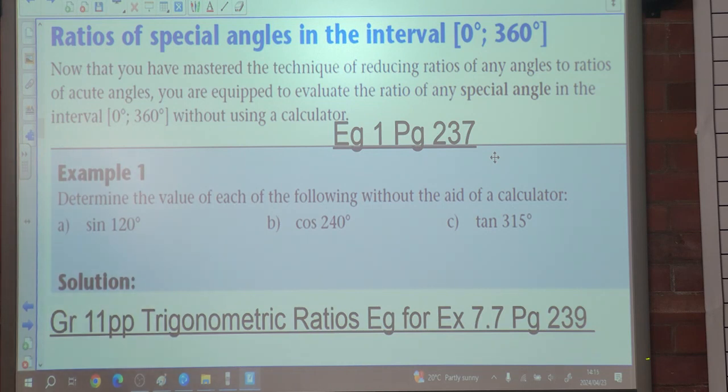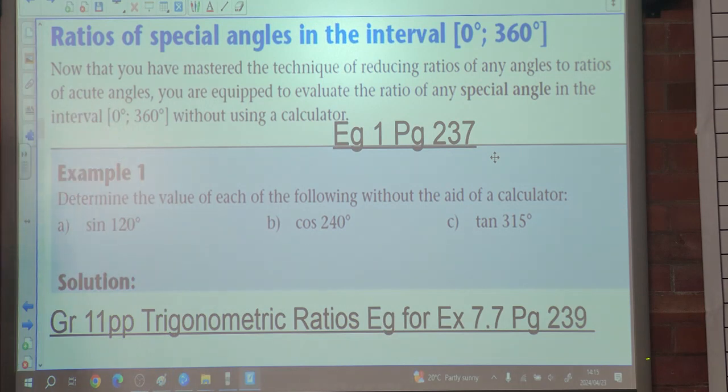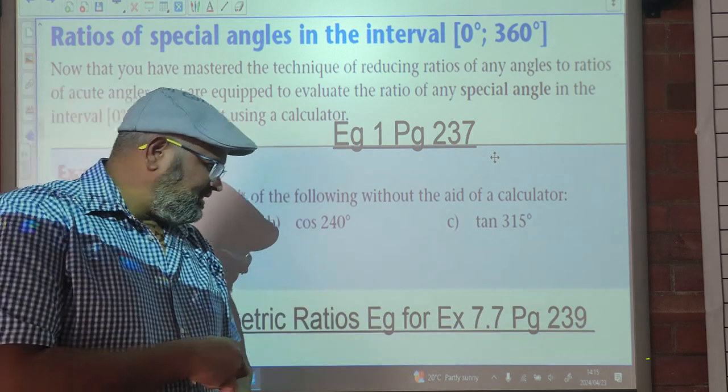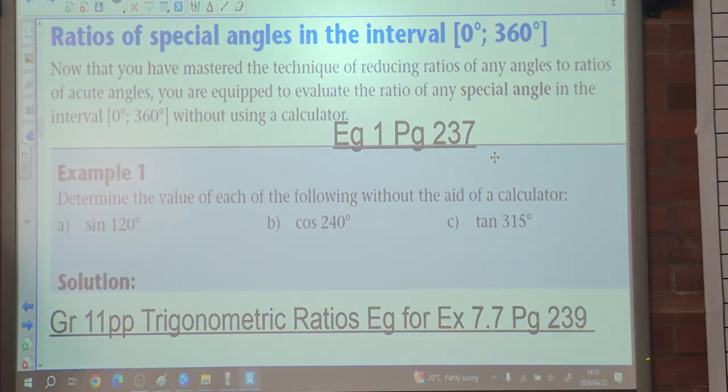Okay, now that we have mastered the technique of reducing ratios of any angles to a ratio of an acute angle, acute angles meaning angles between 0 and 90 degrees, you are equipped to evaluate the ratios of any special angle in the interval 0 to 360 without using a calculator. Remember, when you write your NBT, they will tell you no calculators are to be used in that maths exam.